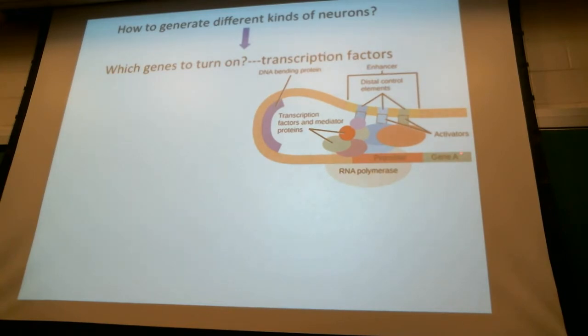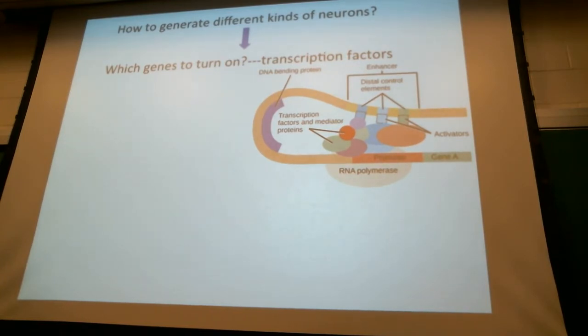As a result, DNA will form a hairpin loop. This hairpin loop structure, together with the right kind of protein complex, will be recognized by RNA polymerase. And that's how you start transcription.